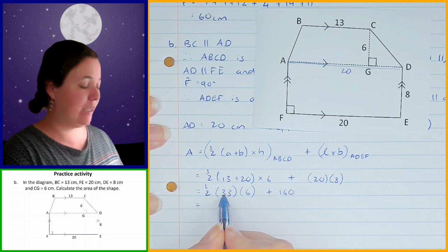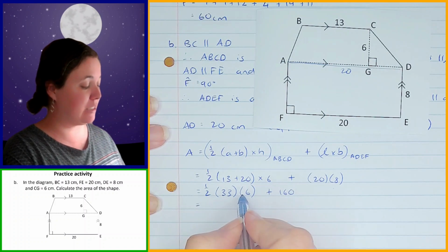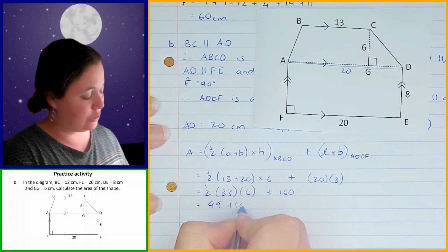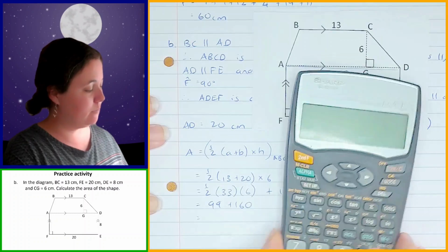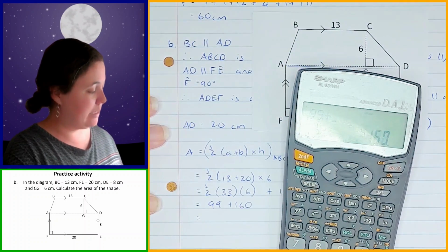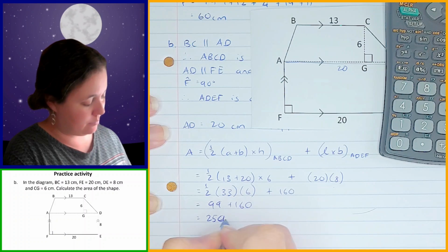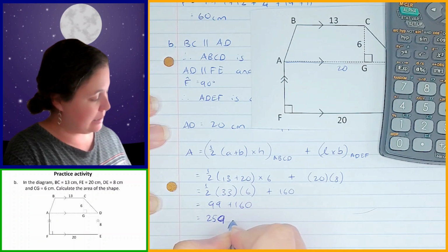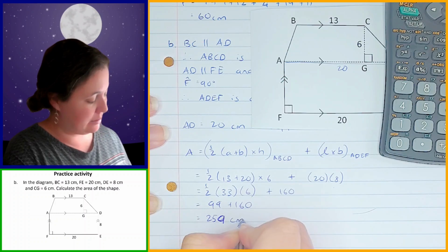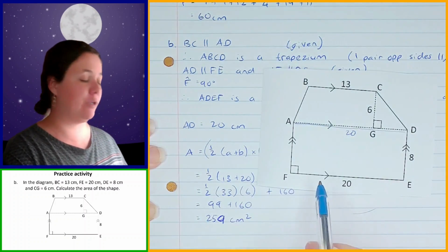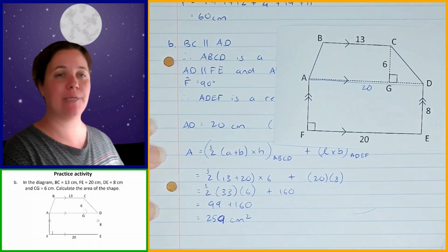Half times 33 times 6 is the same as 33 times 3. Half of 6 is 3, so it's going to be 99 plus 160. And that gives me 259. And that is centimeters squared. So your area for this shape should be 259 centimeters squared.